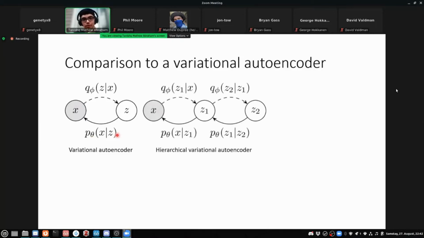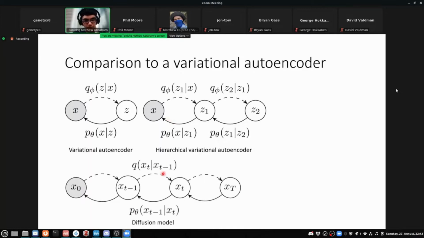And then with a hierarchical variational autoencoder, you may have multiple latent variables, and you have similar probability distributions that we're trying to learn going between these different variables. In comparison, the diffusion model is a similar sort of setup, except we have a fixed forward process.